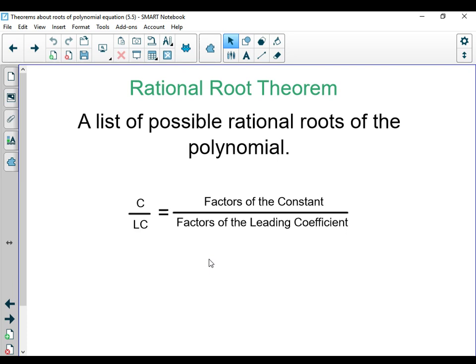Basically, I can give you any equation in the world, and you could figure out what the possible rational zeros could be. Possible. Now, I'm not saying that they are going to work, just possibly those could work. So you're going to put every number that goes into the constant over the leading coefficient, okay? All the factors of a constant over the factors of a leading coefficient.